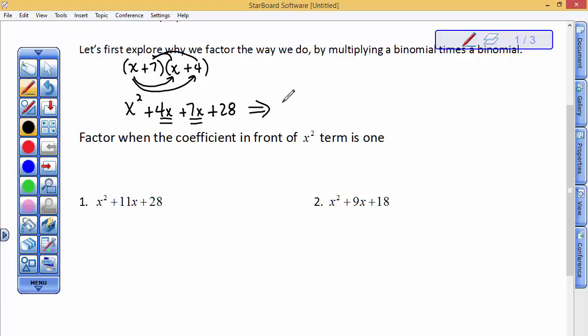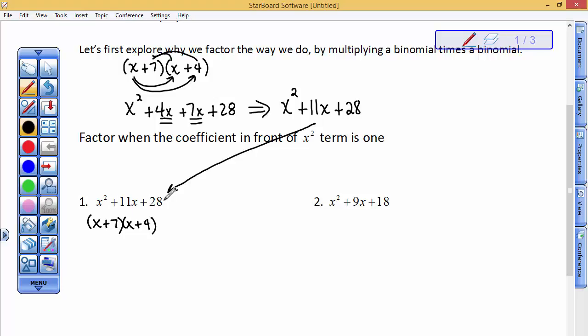So I have x squared plus 11x plus 28. Well, you see this first problem we're going to do? Aha! I need to take this trinomial and factor it back into x plus 7 times x plus 4, because I know that when I FOIL this, I get this.